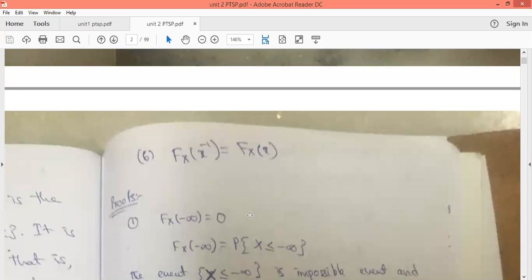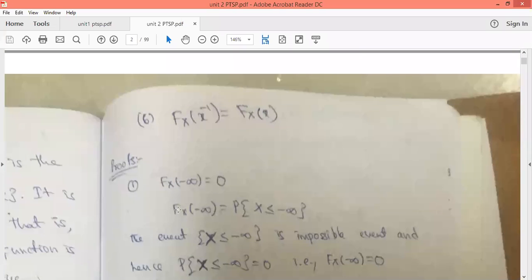So what is the first property? F_X(minus infinity) is 0. What is F_X(minus infinity)? It is nothing but the probability of X less than or equal to minus infinity. My F_X(x) is nothing but the probability of X less than or equal to small x, so here small x is equal to minus infinity.